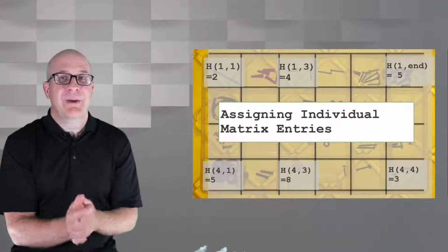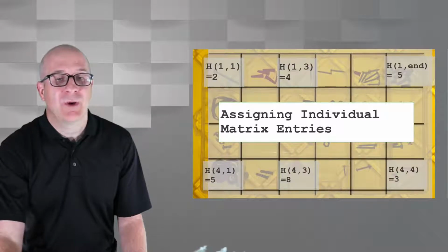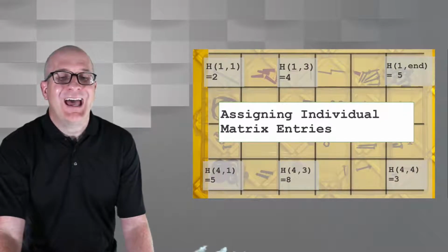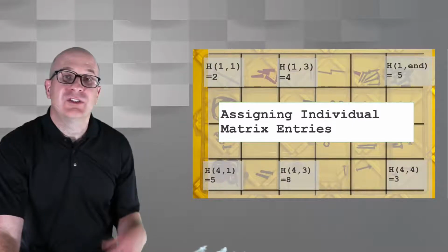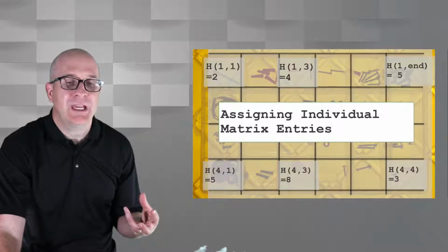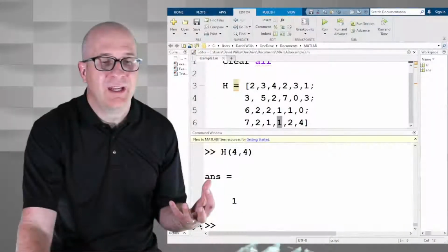Okay, so looking at the PowerPoint, if I wanted to access and change the H(1,1) value, I would say H(1,1) equals 2, which means I'm taking the value 2 and assigning it into H(1,1). Similarly, if I wanted to change the 1,3 entry, I could assign the value of 4 into H(1,3). So let's just take a quick look at how we can change those individual matrix entries.